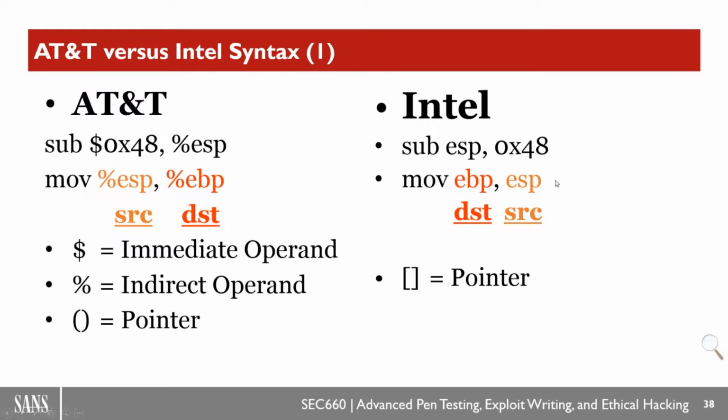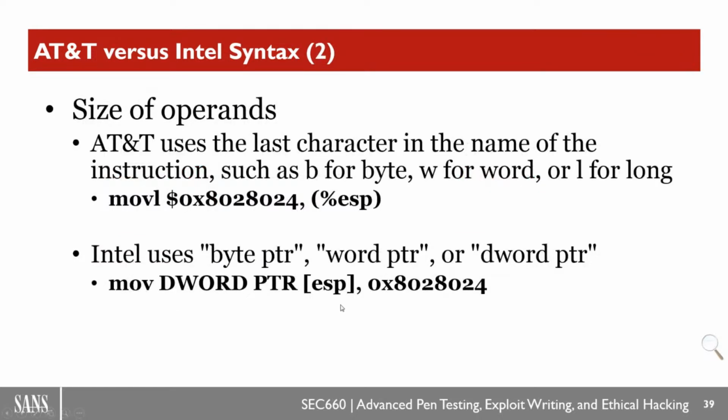Other differences include AT&T uses $ and % signs for immediate and indirect operands. It uses parentheses for pointers, whereas Intel uses square brackets for pointers, and it will spell out things you'll see in a moment. This instruction on AT&T is the exact same instruction in Intel right there, but it's way different looking.